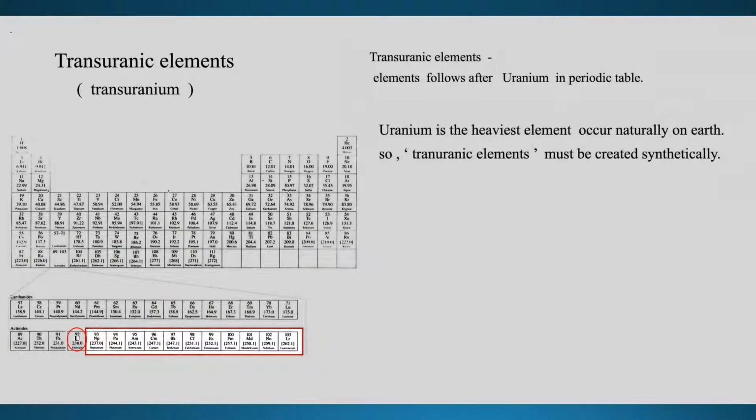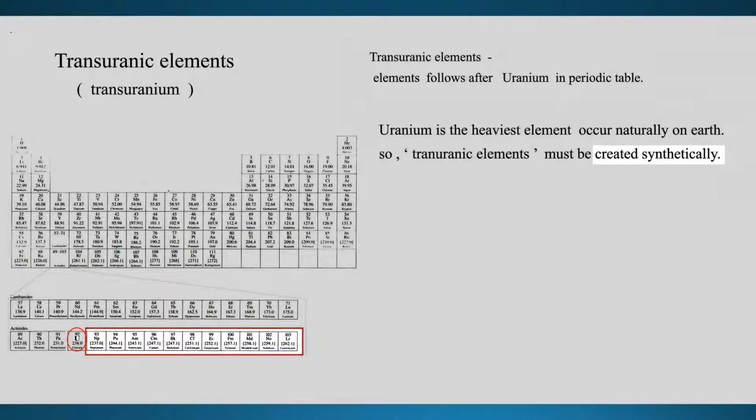Transuranic elements. A transuranic element is an element that follows after uranium in the periodic table. Uranium itself is the heaviest element that occurs naturally on Earth. So those transuranic elements must be created synthetically. They are not natural.